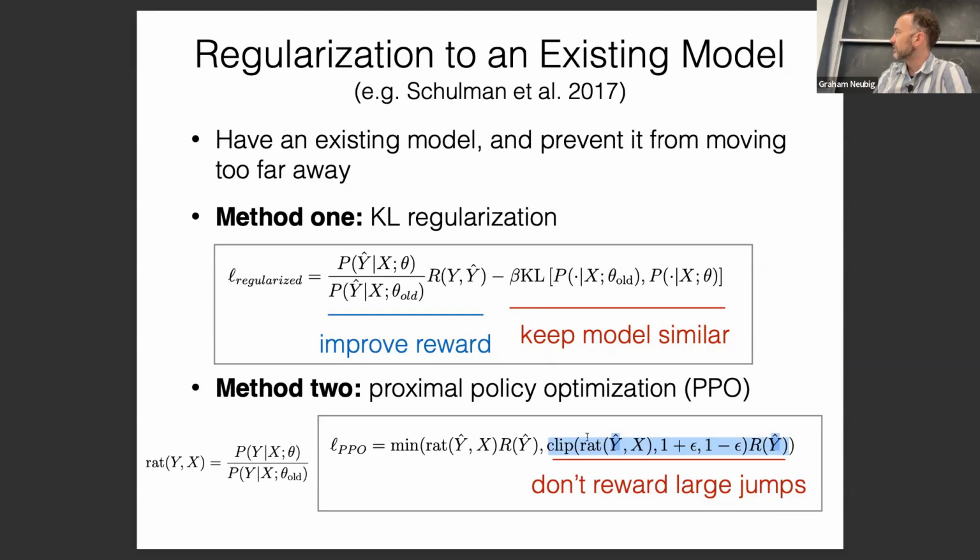But in the PPO paper, they demonstrated that this clipping term was a more stable way of doing this. Recently, people have been moving away from PPO and using the simpler KL regularization method. But I think both of them serve similar purposes, and you kind of need one of them in your training, regardless of which one you choose.